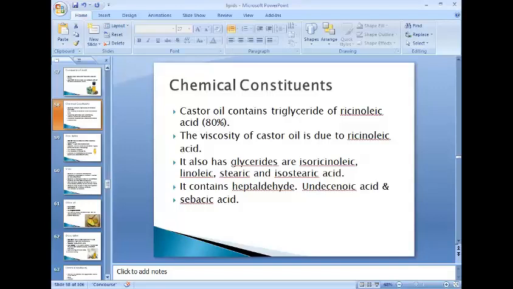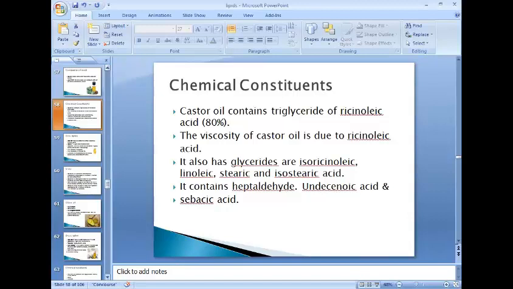Triglyceride of castor oil include resinolic acid, that is 80%, and this resinolic acid is responsible for the viscosity of this castor oil. It also has glycerides that include isoresinolic, linoleic, stearic, and isostearic acid.